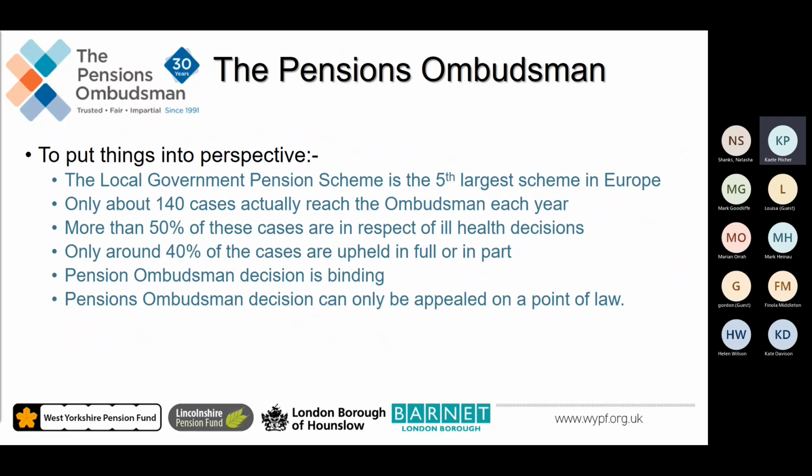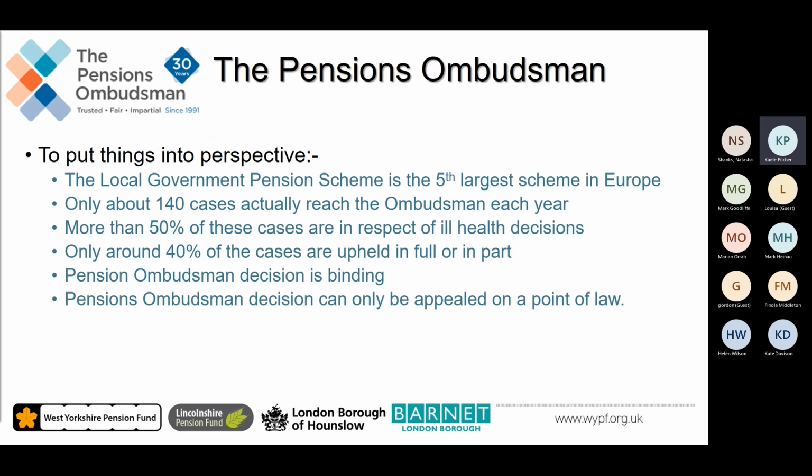But first, before we run down that route, let's just put things into perspective. The local government pension scheme is the 5th largest scheme in Europe, but only about 140 cases each year actually reach the ombudsman. So that is a very, very low percentage.